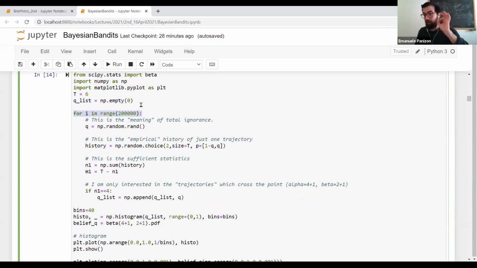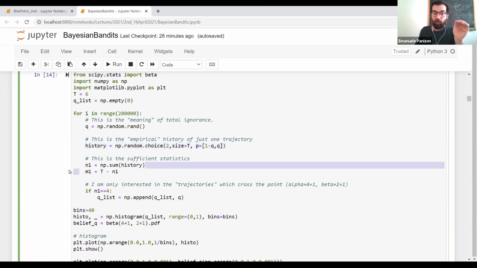So I have a Q1, a Q2, and then I extract 6 times either a fail or a success. Instead of dealing with belief, now I'm doing the frequencies part. For 200 times, I take a single two-arm bandit and do it 6 times.